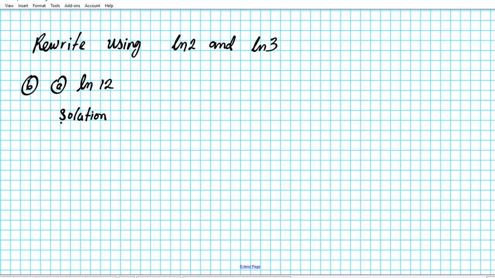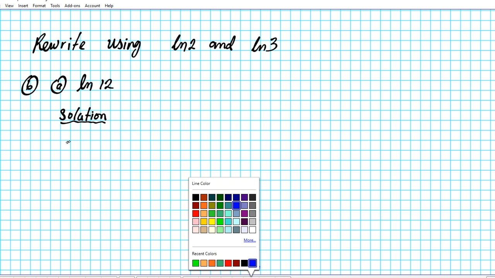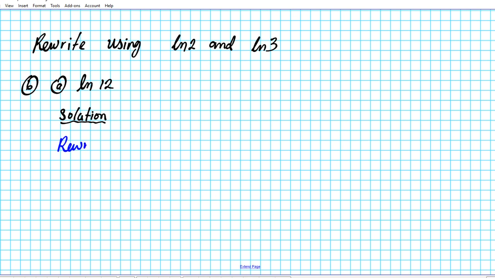So all we just have to do is rewrite the logarithmic argument 12 as powers of 2 and 3. Okay, so let's write that down. So the task is to rewrite the log argument 12 as powers of 3 and 2.